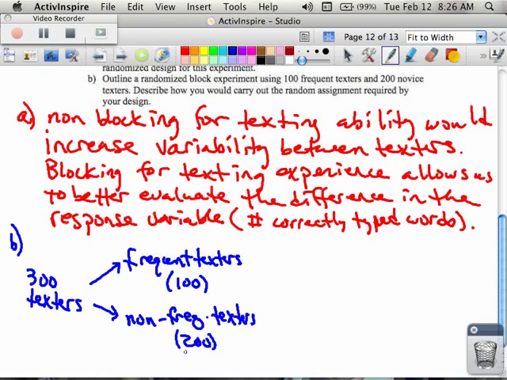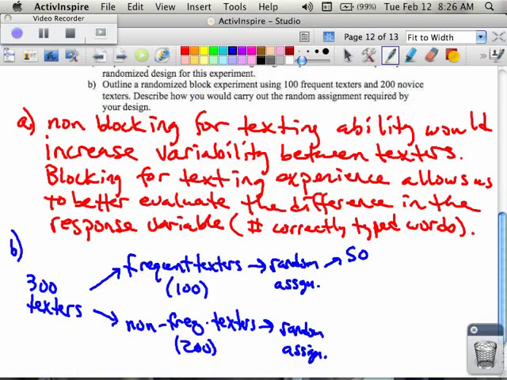And then we randomly assign them. Within the random assignment for the frequent texters, there were going to be half of those, I'm assuming, 50. Do they give a name to the different kinds of keyboards? 50A and 50B.